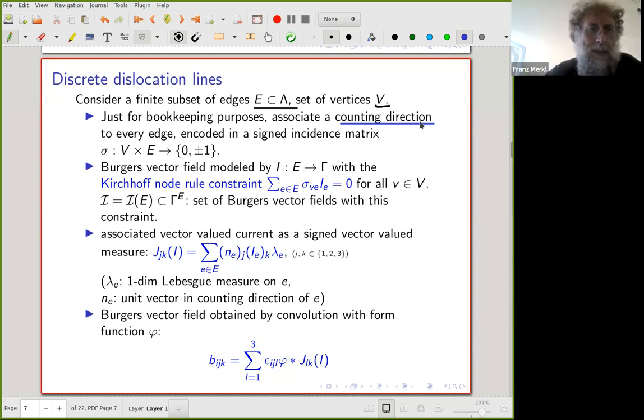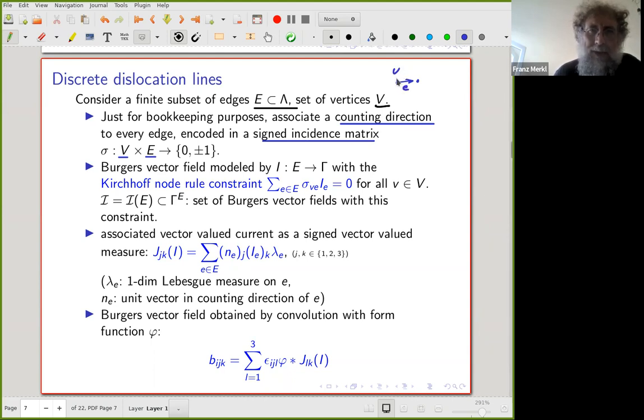bookkeeping purposes. So we can encode these things by a signed incidence matrix, which assigns to every vertex and every edge a number. Well, there's three cases. First, the edge might be an outgoing edge from our vertex.